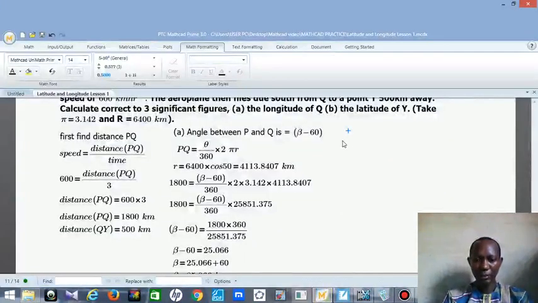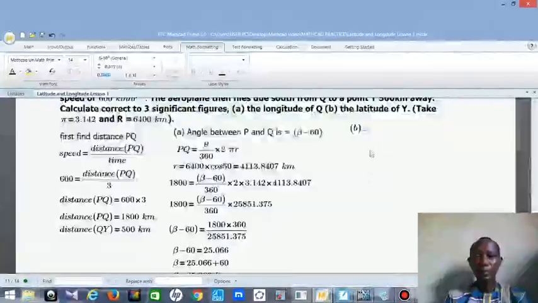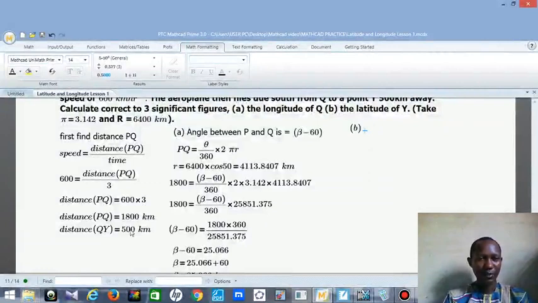Okay, now the B part, latitude of Y. So Y is standing with Q. Both of them are on the same line, and they are on the great circle. So we are using capital R. Okay, so now let's go straight. The distance is already known, 500.